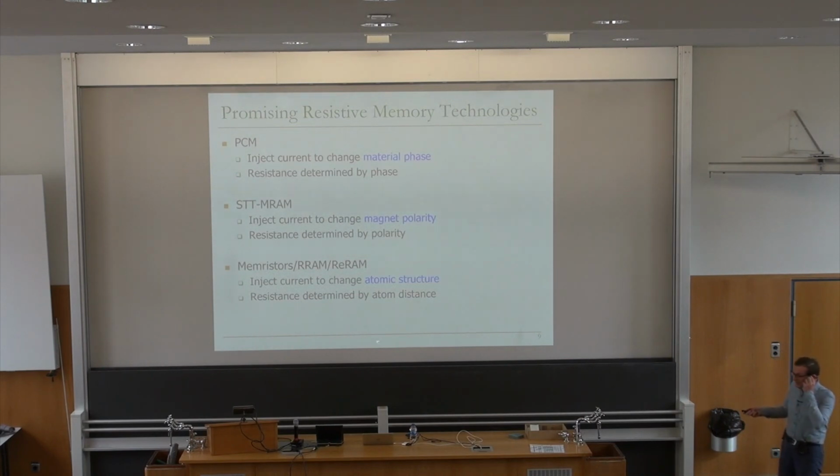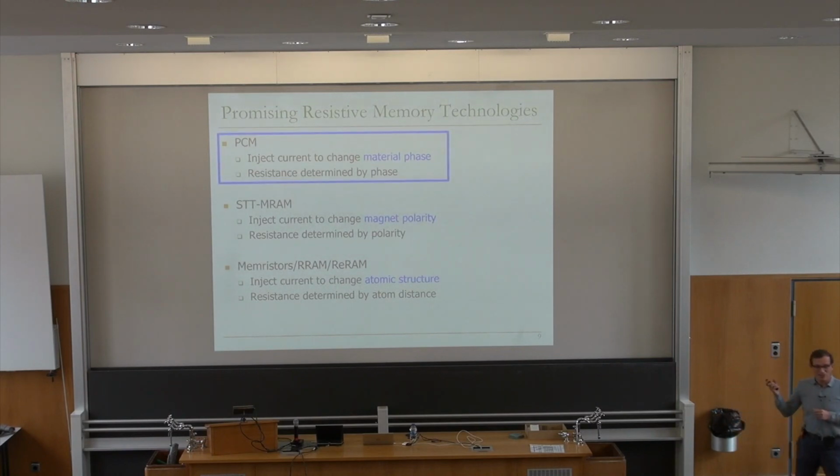But basically the key thing over here is you inject current to change some atomic structure, and resistance is determined by atom distance, at least in some subset of these memristor-based technologies. And there are also other technologies like conductive bridging RAM, ferroelectric RAM, other things that may be interesting. Some of them are already employed actually. They're not necessarily emerging technologies, but they're resistive still.